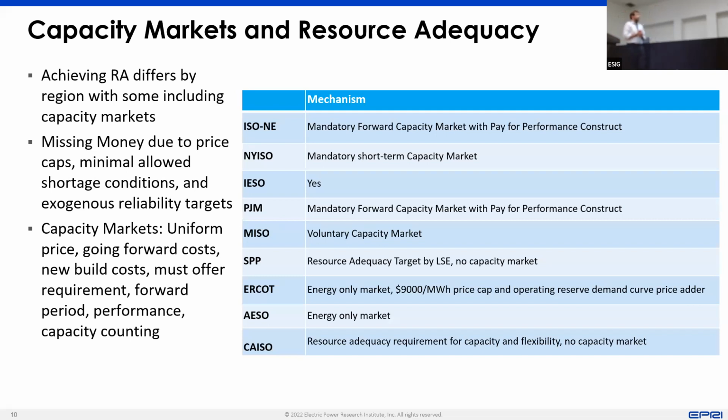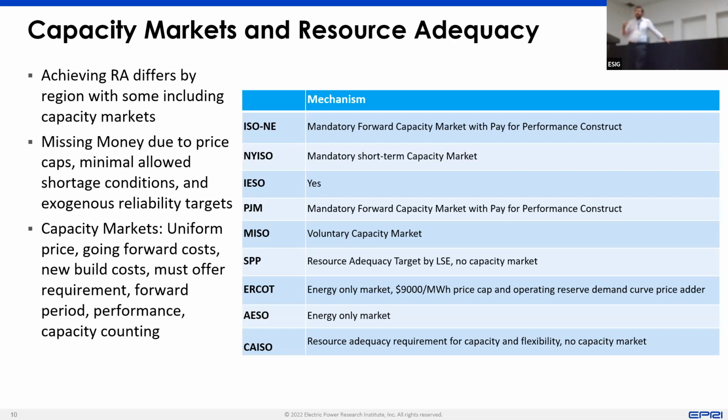One of the things that we find is that when there are price caps and or bid caps that limit the price to something that's far below the value of lost load, what consumers might be willing to pay for energy, then you don't allow these shortage conditions to happen very often, because we don't want to have shortages occurring all the time.